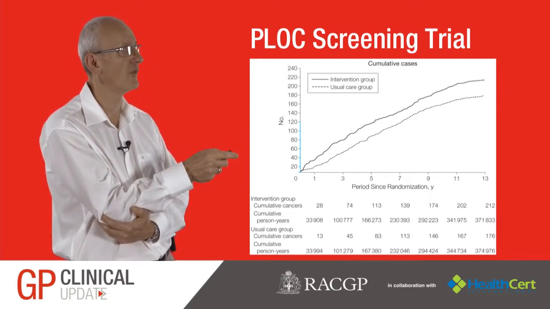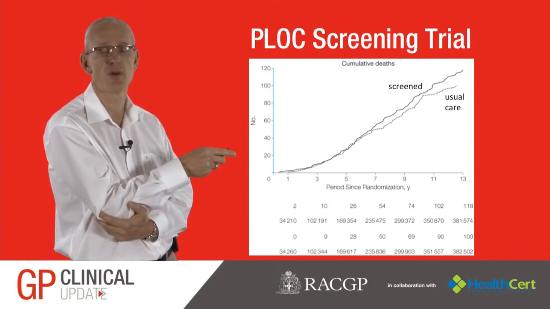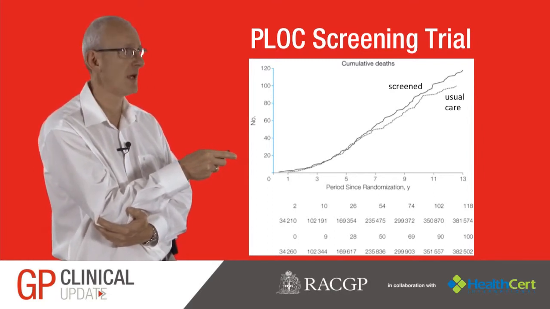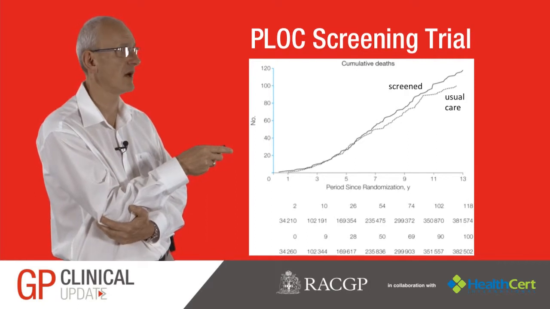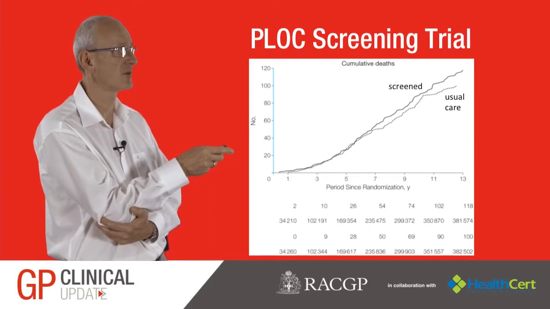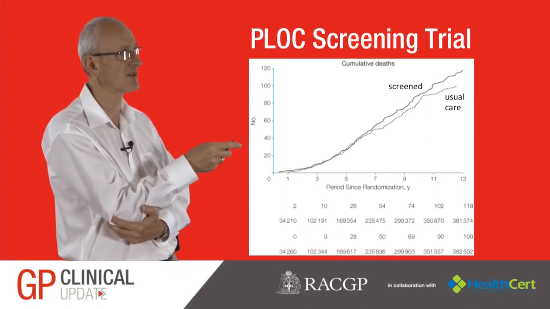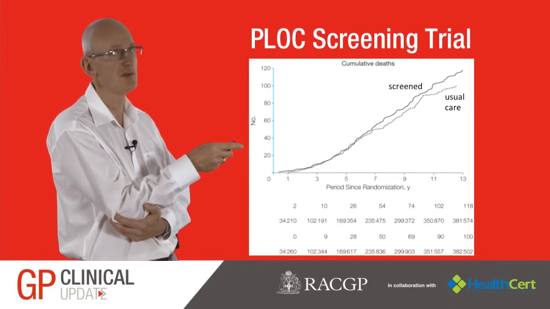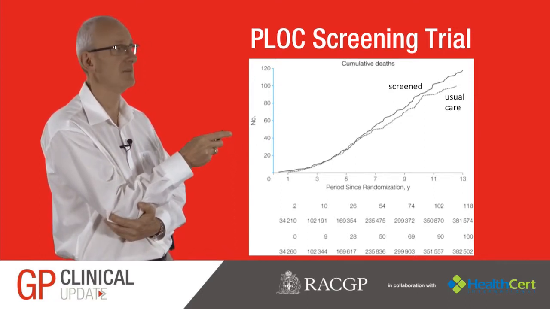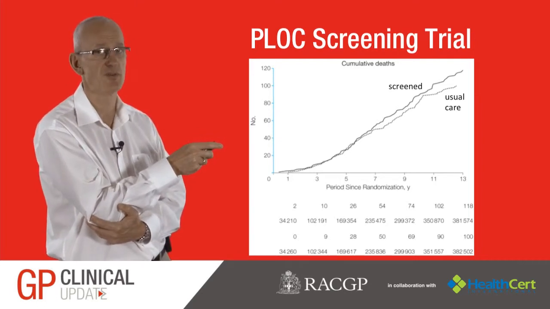But when we go to the next slide, we can see that there is absolutely no survival difference. These are cumulative death and the probability of dying, and the screened and the usual care group are exactly the same. You could even say that the death rate is slightly higher in patients who have been screened for ovarian cancer than those who have not been screened.